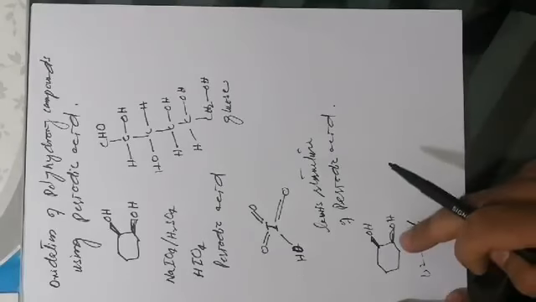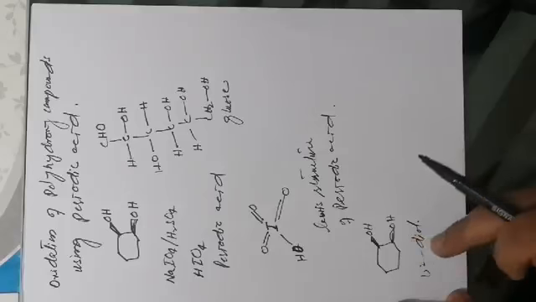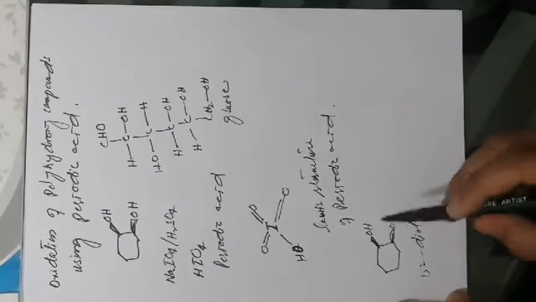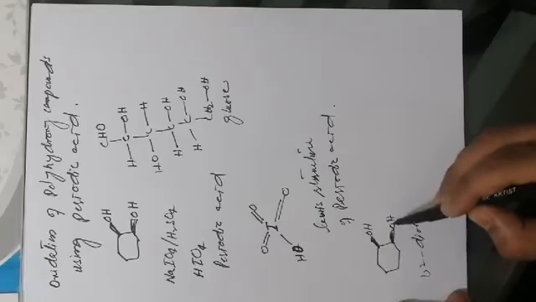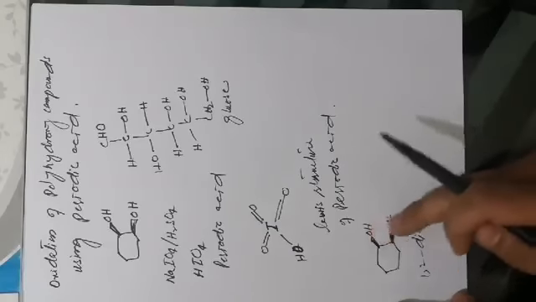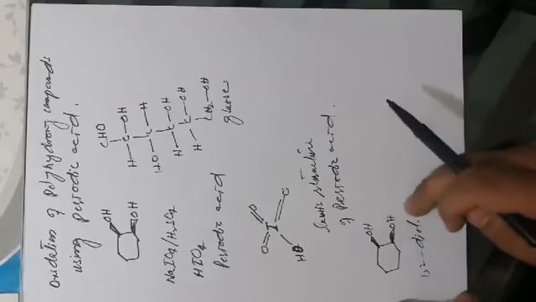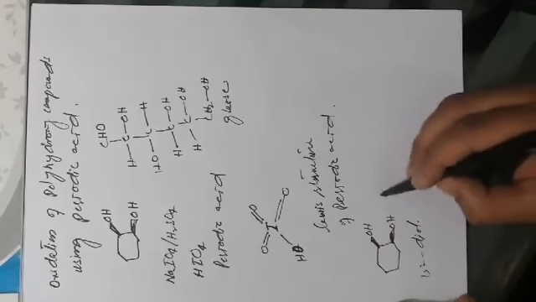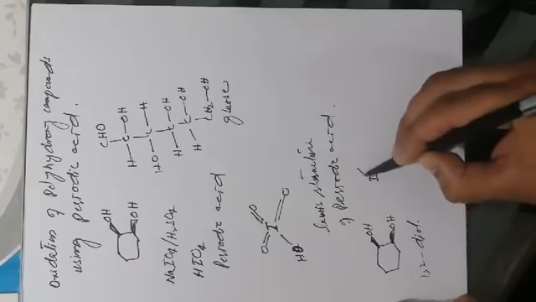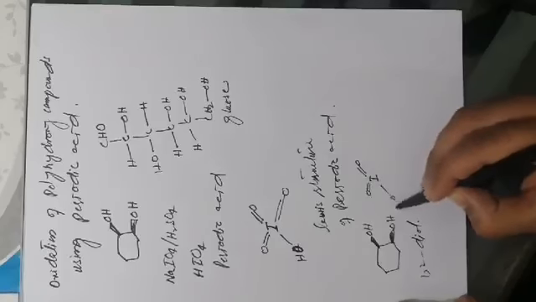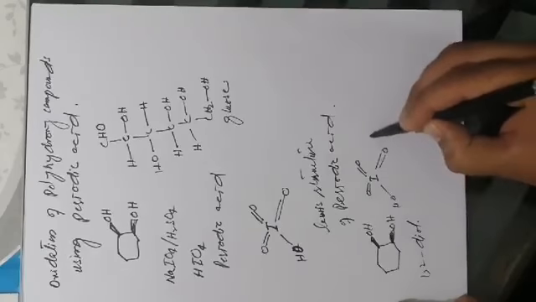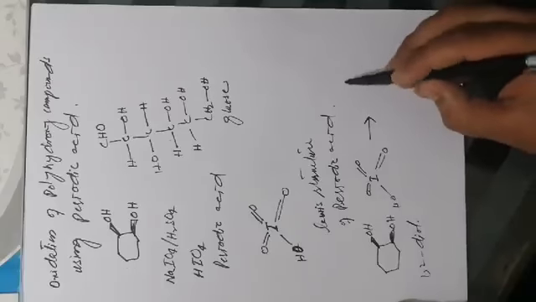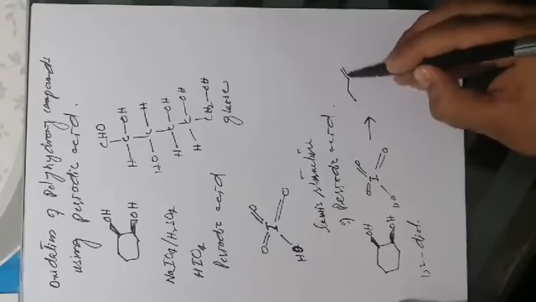So this is the preliminary requisite, that the polyhydroxy compounds should be in diol format. The two hydroxyl groups should be vicinal to each other. When they react with periodic acid, what happens? We get this compound.